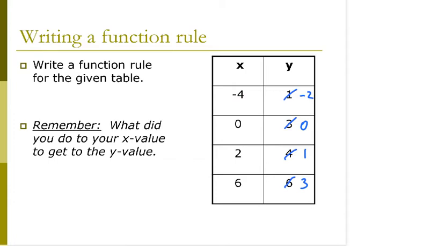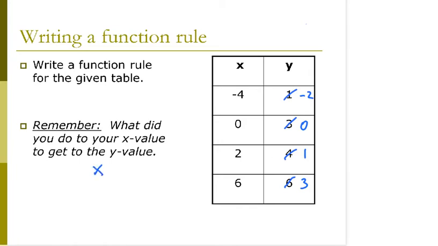So let's say that we wrote that down. We're taking the x values and we're either saying we're multiplying it by 1/2 or we're dividing it by 2. Both of those mean the same thing.